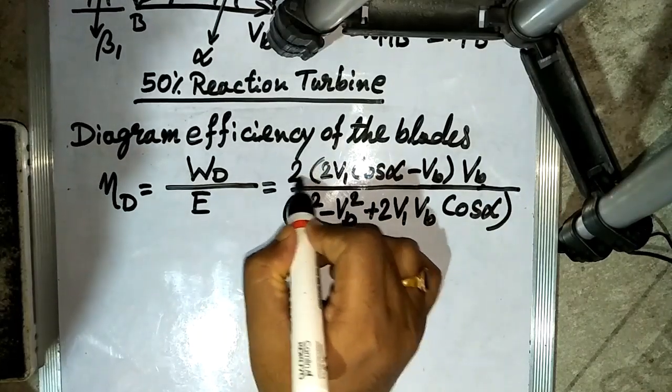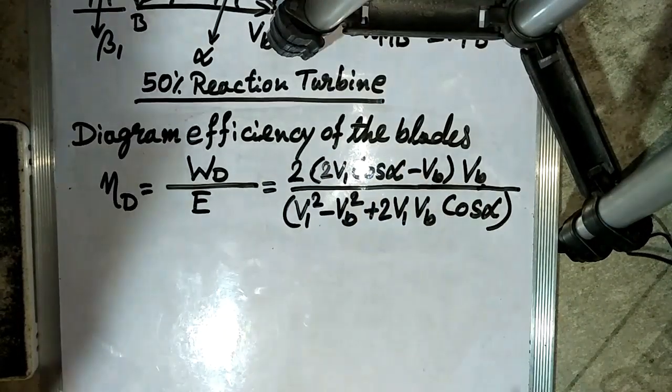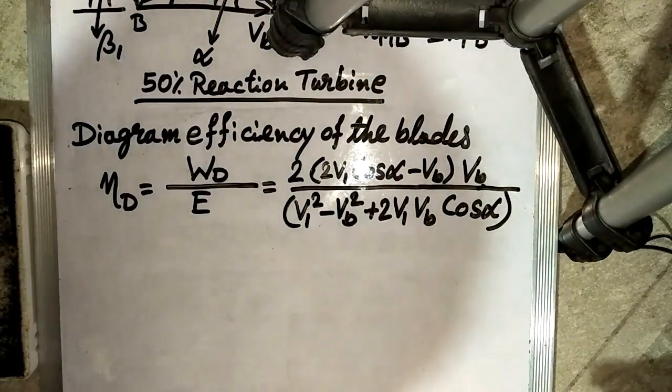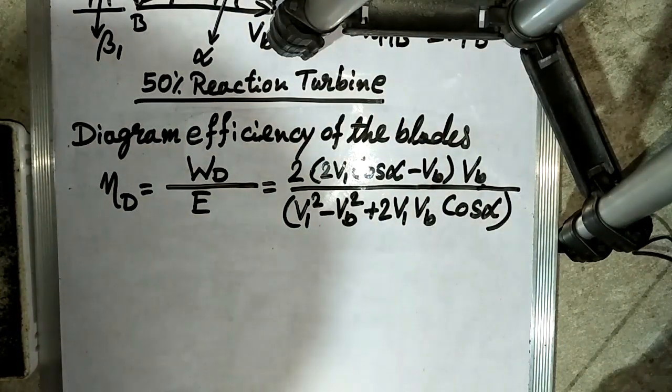So that 2 becomes the numerator. This is the expression for the diagram efficiency.